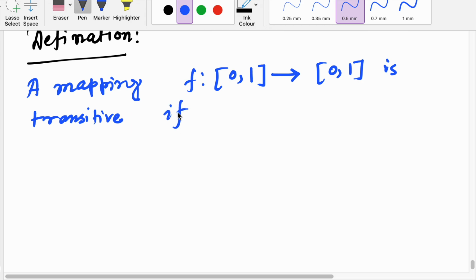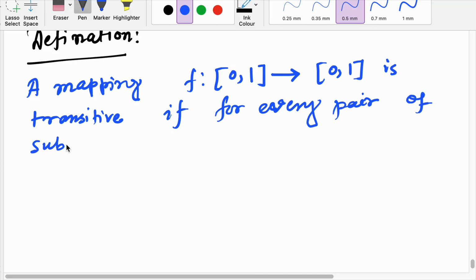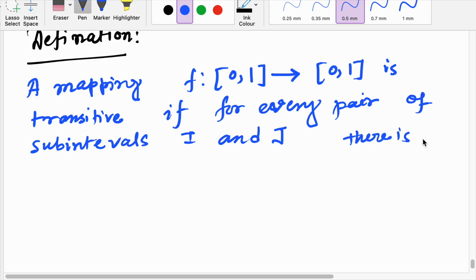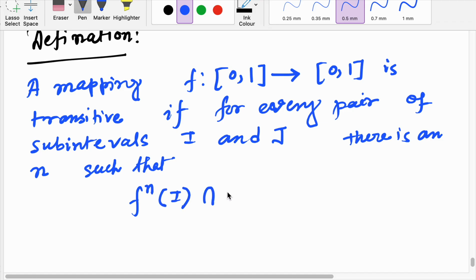if for every pair of subintervals I and J, there is an n such that f^n(I) intersection J is not empty.